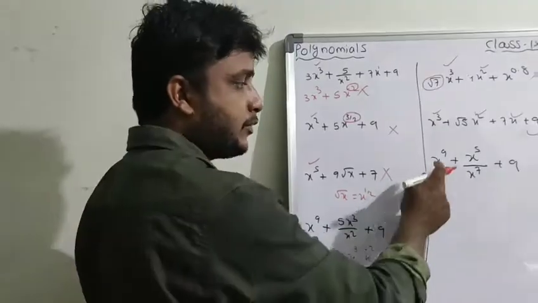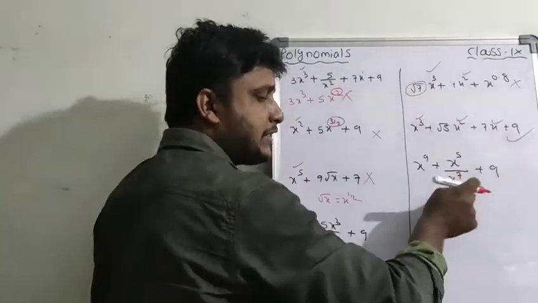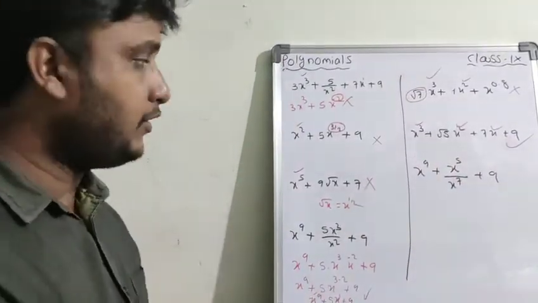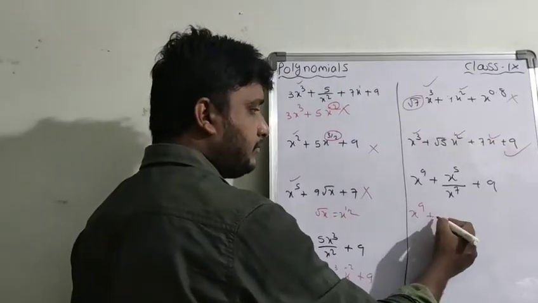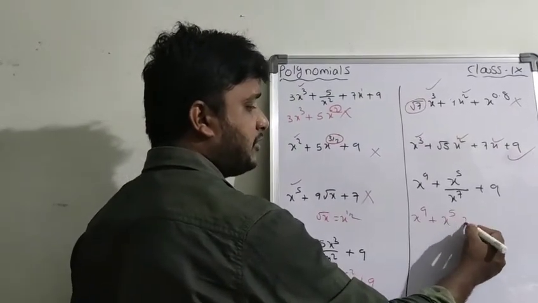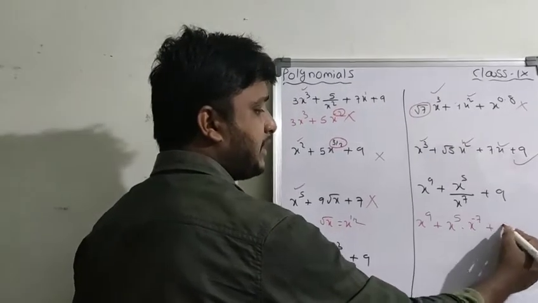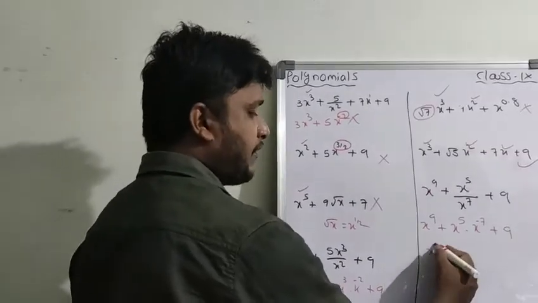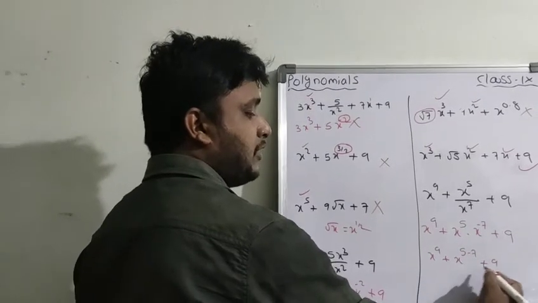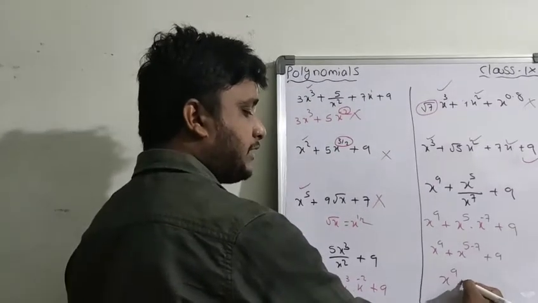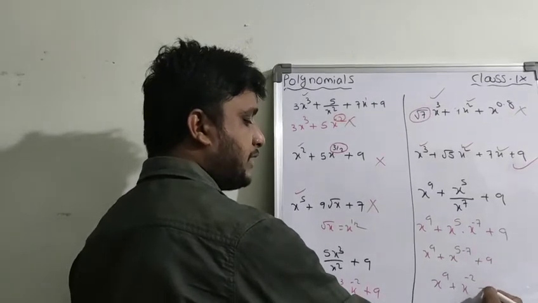So coming to here, x power 9, in these situations you have to solve it, then you have to come to one conclusion. x to the power of 9 plus x to the power of 5 into x to the power of minus 7 plus 9. So x to the power of 9 plus x to the power of 5 minus 7 is minus 2, plus 9.